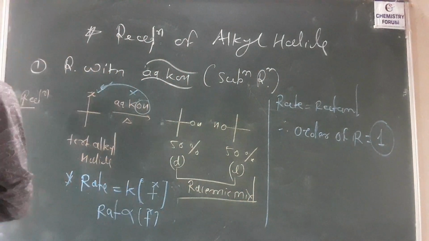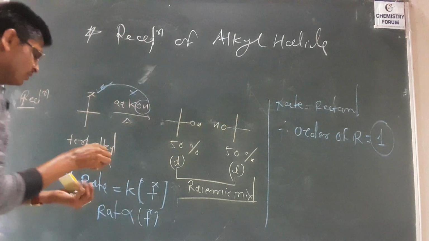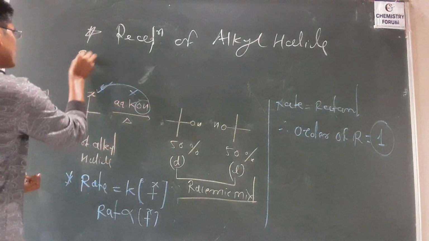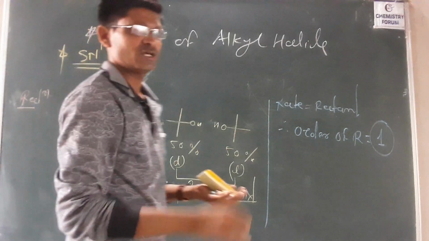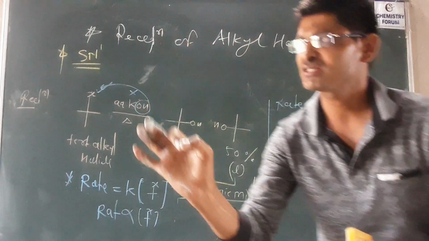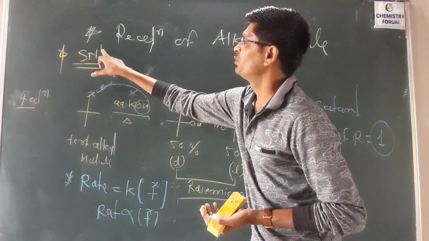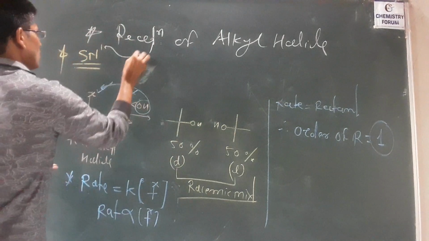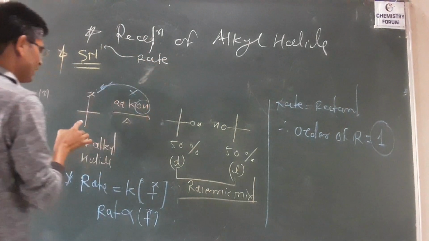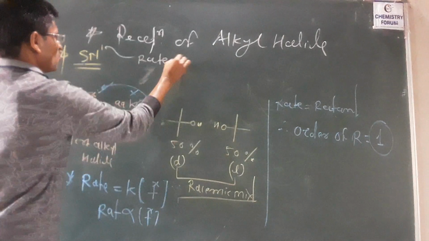We have to mention the types of substitution reaction: there is the SN1 type and the SN2 type. Two reactions, SN1 and SN2, nucleophilic substitution, uni. The rate is dependent upon only one reactant species, that's why the order is 1.